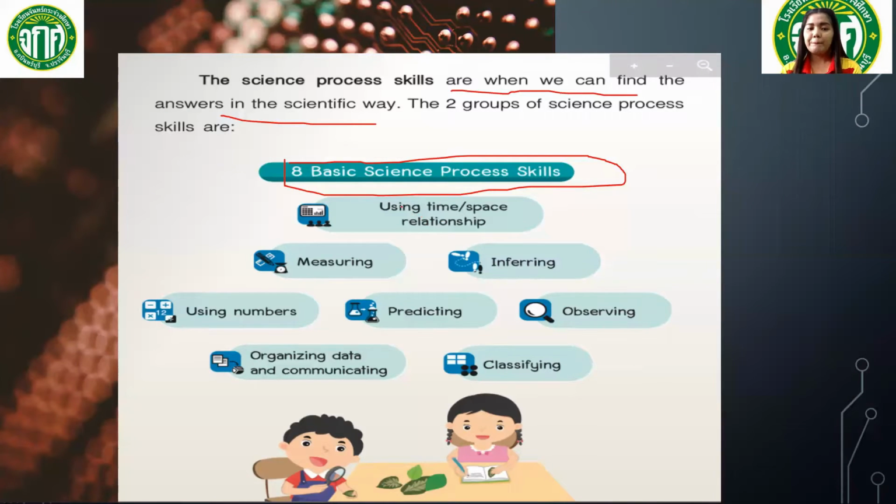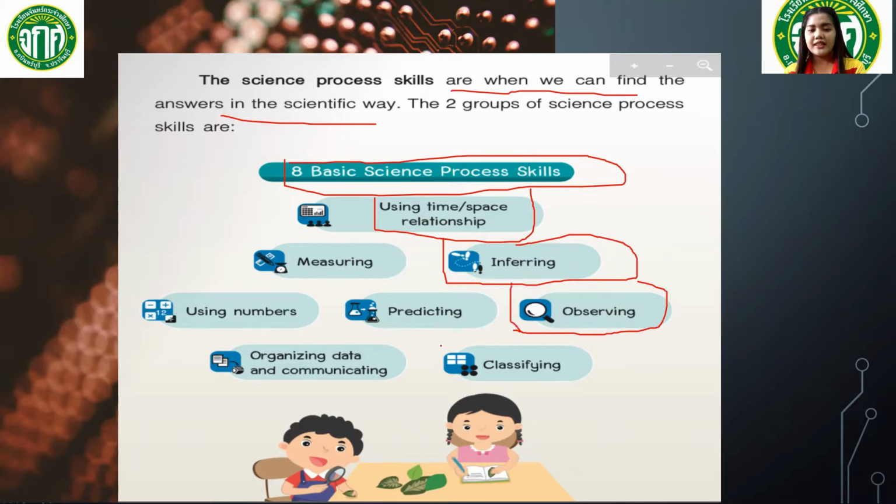The first one is using time-space relationship. Next one is inferring. Next we have observing. Next is classifying. Next we have organizing data and communicating.